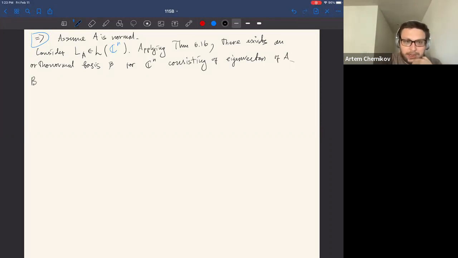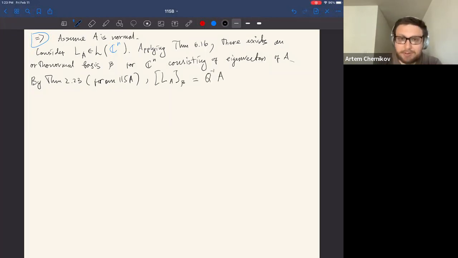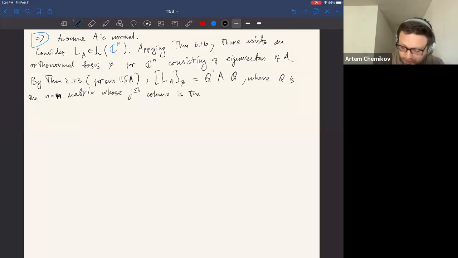Also, by theorem 223, which is the result from 115A, we know that in such a situation we can find a similarity. So the matrix representing A with respect to beta, which is a basis consisting of eigenvectors, can be written as Q inverse times A times Q, where Q is the n by n matrix whose jth column is the jth vector of beta.